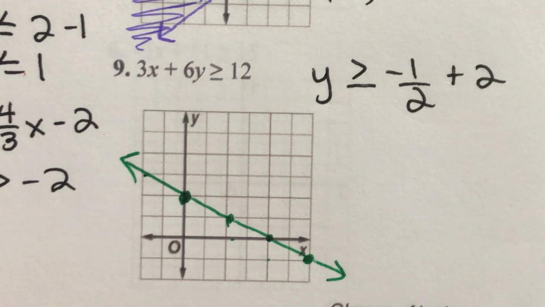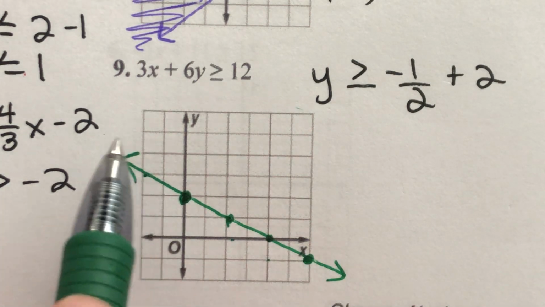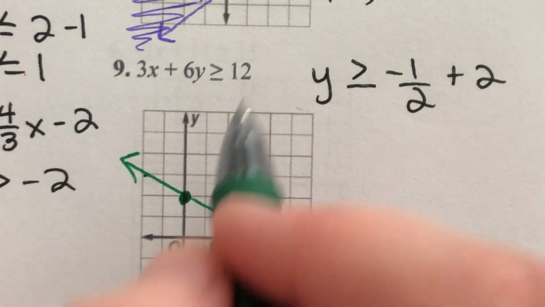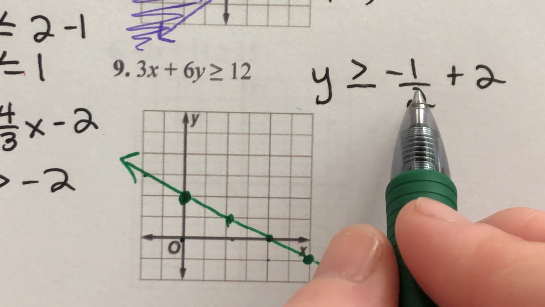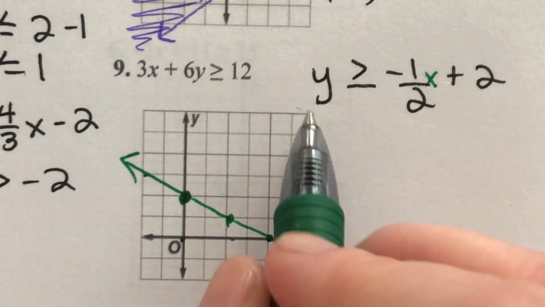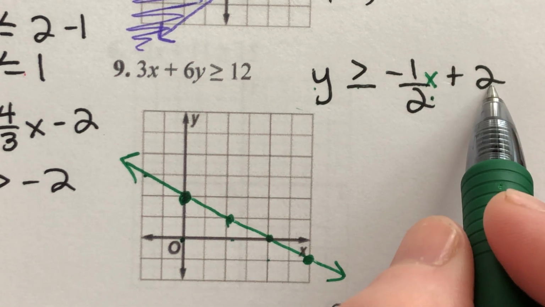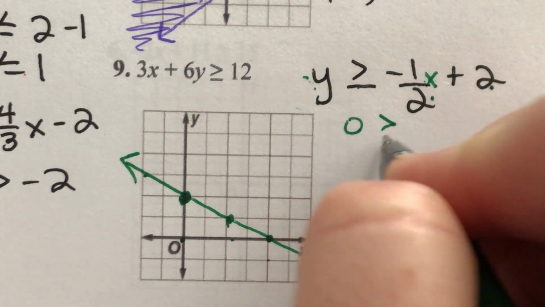And then I have to shade, and the shaded part is greater than my line, so it should be all of this above my line. Think of this as water level. This would be below water. This would be above water, right? If I wanted to just test it out, here's 0, 0. If I plug a 0 in here and a 0 in here, I end up with 0 is greater than or equal to 2.